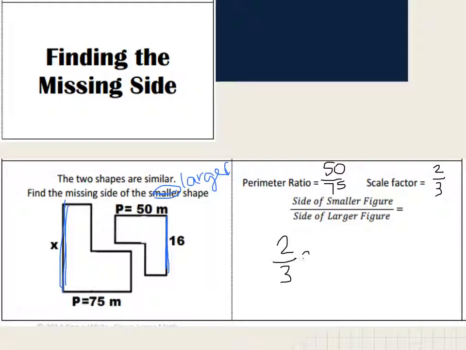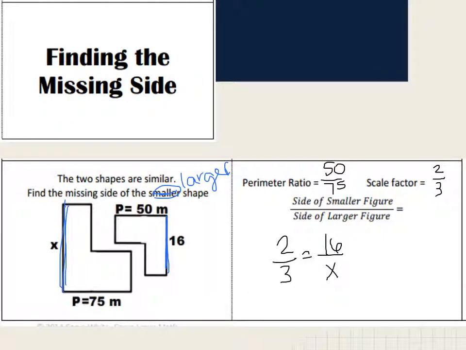We're going to use a proportion to solve for the missing side. 16 is from the smaller figure. Looking at our ratio 2/3, 2 is the smaller number, so we know that our 16 has to go in the numerator and our missing side is in the denominator.